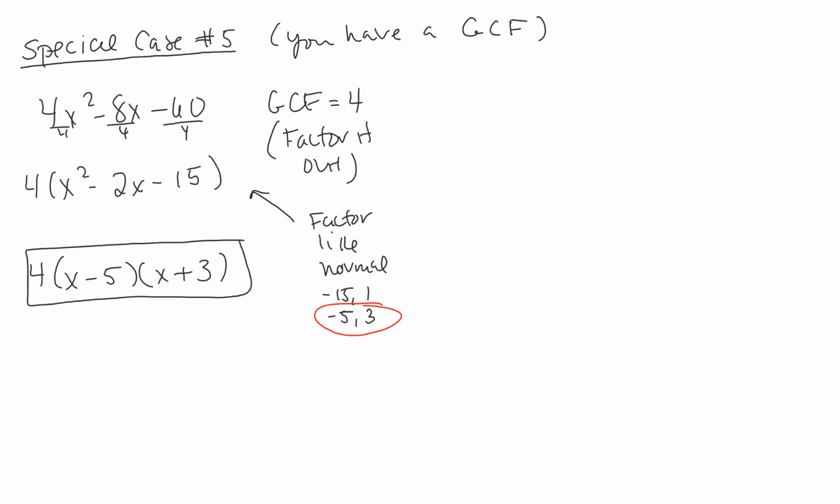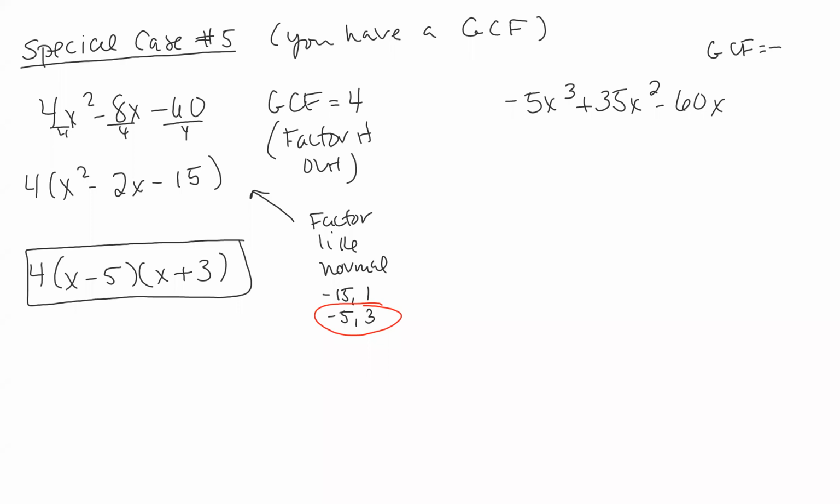All right. So let's do another one. Let's say that we had negative 5x to the third plus 35x squared minus 60x. We do have a GCF. Okay, so the GCF in this case, a couple things to notice. Your lead term is negative. So our GCF has to be negative.